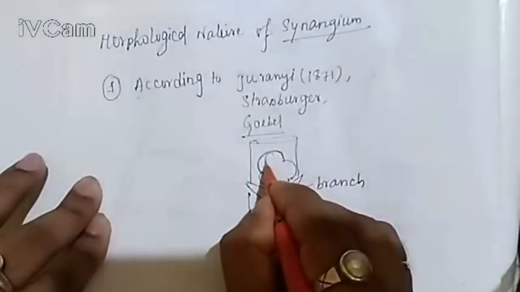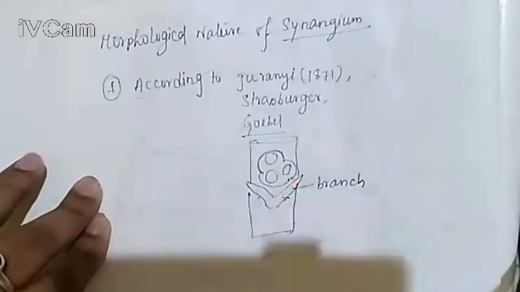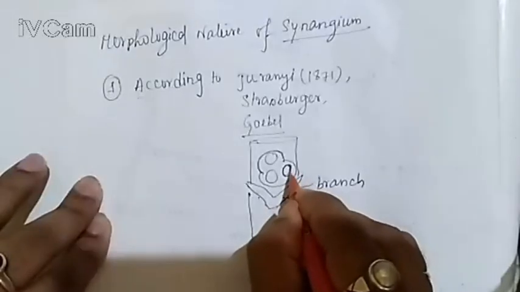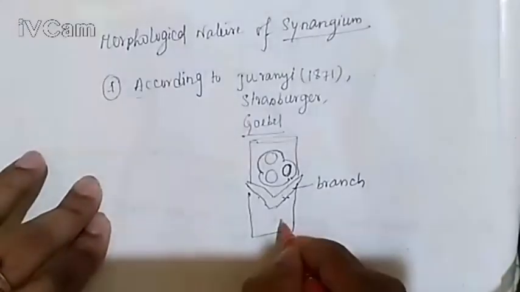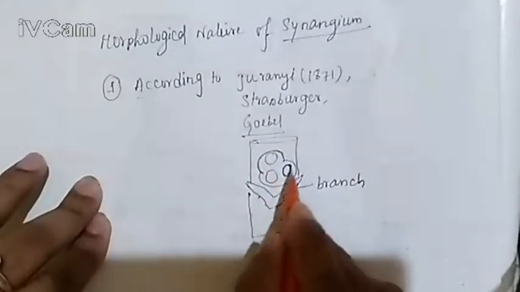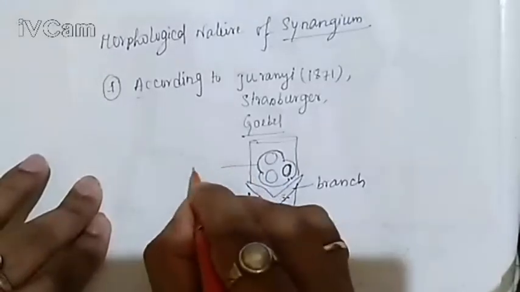If you analyze the structure, a triloculous sporangium is present here. So this is the first opinion of Juranyi, Strasburger and Goebel in the year 1871 regarding the synangium. They opined a branch which has two leaves bears a triloculous sporangium.